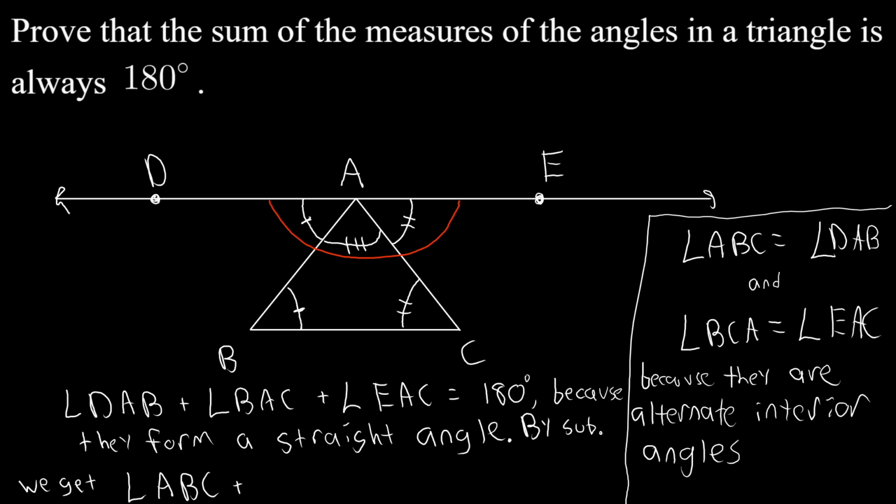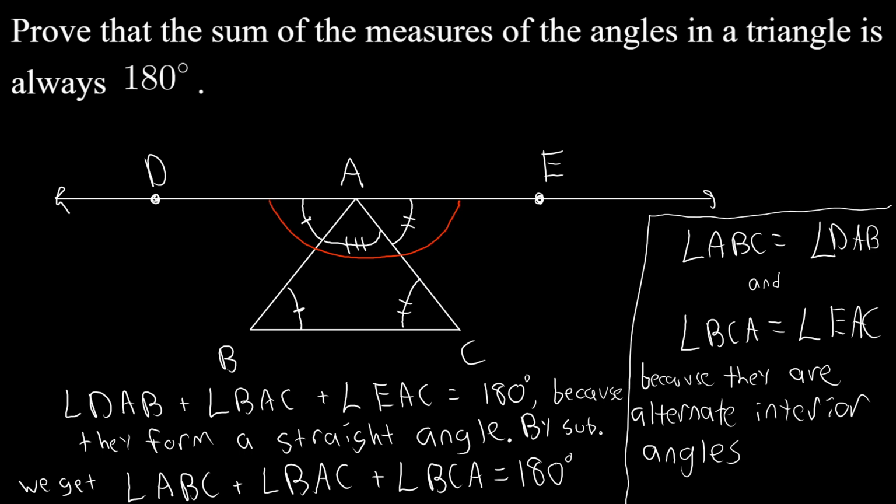Plus angle BAC, that's fine. That's one of the angles in the triangle, so I want to keep that. Plus angle BCA, which I know is equal to EAC. So again, substitute EAC with BCA. That's equal to 180 degrees.